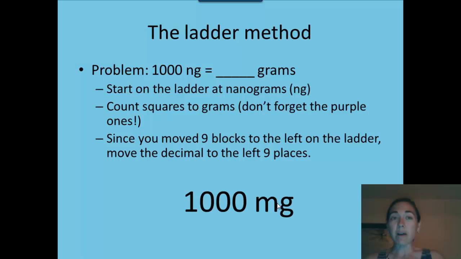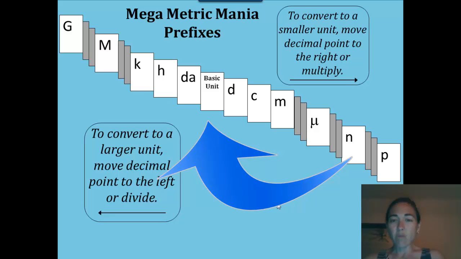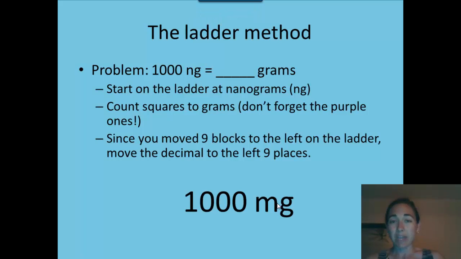Let's try another problem. Now on this one, the ladder method, how many grams are in 1,000 nanograms? If you start on the ladder at nanograms and you count squares up to grams, and don't forget the purple ones, let's go back and look. I count 1, 2, 3, 4, 5, 6, 7, 8, 9 squares gets me to where that base unit gram is located.